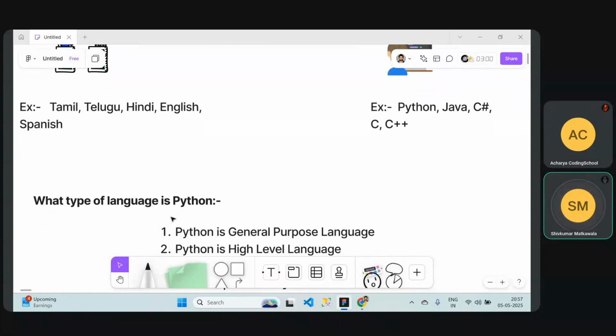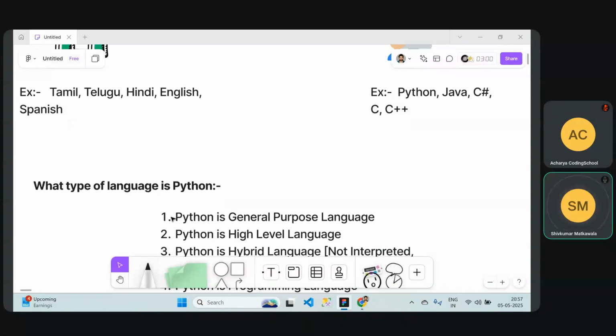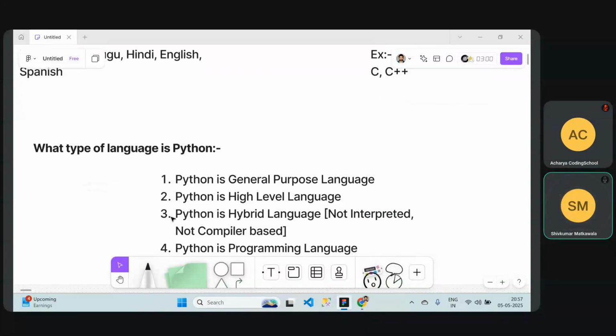So now let's talk a little bit about the technical aspects of Python. So guys, in our computer world, we do have a variety of languages. Again, in programming languages, there are a variety of programming languages.